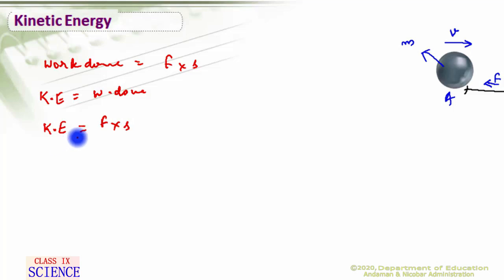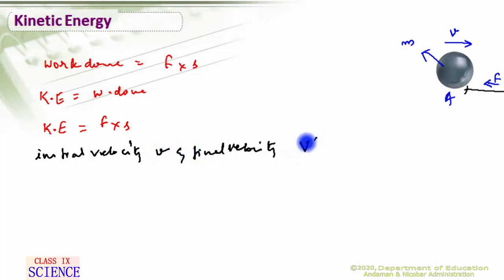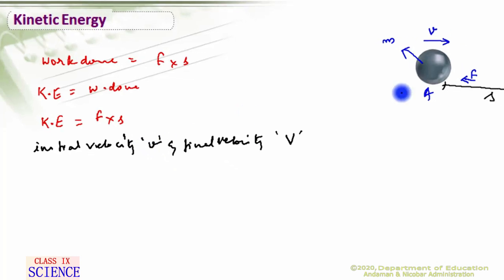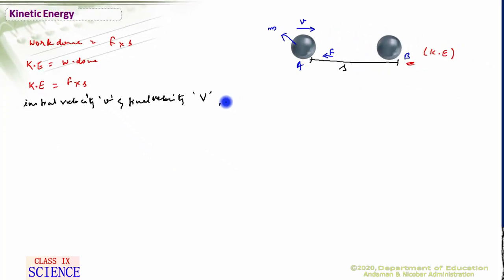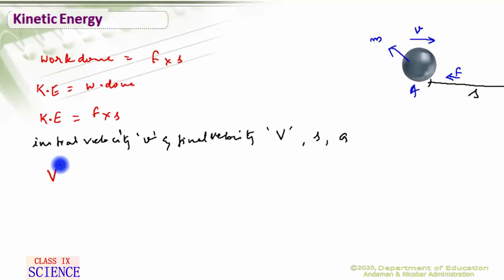Here we assume the initial velocity as small v and the final velocity as capital V, and it has covered some distance, so we write the displacement, and the acceleration is in the opposite direction. By using the third equation of motion, we know that capital V, that is the final velocity, squared is equal to small v, the initial velocity, squared plus 2as, right?